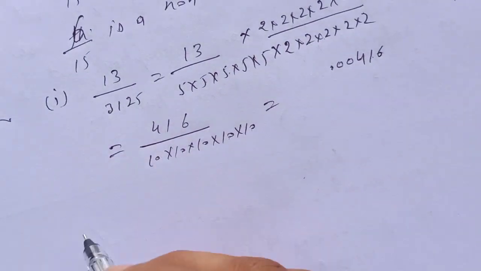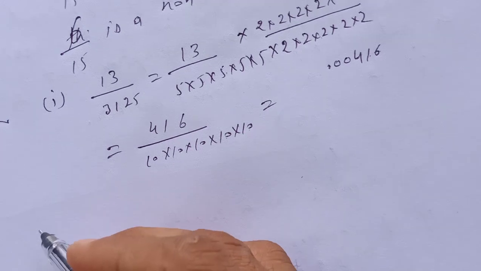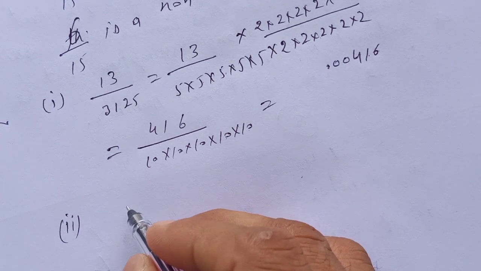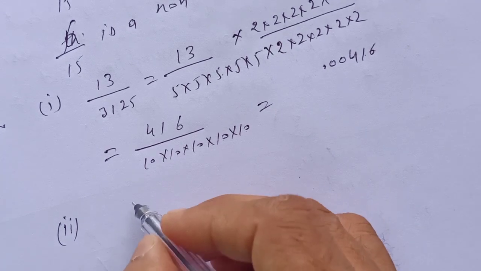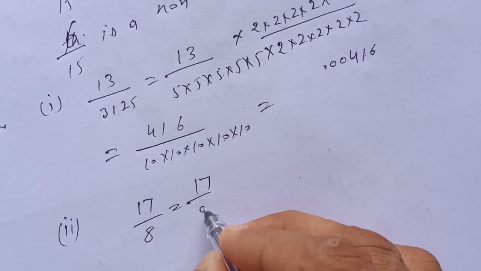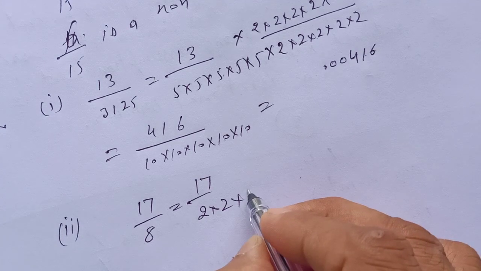Similarly, second part, 17 upon 8, which is 17 upon 2 into 2 into 2.